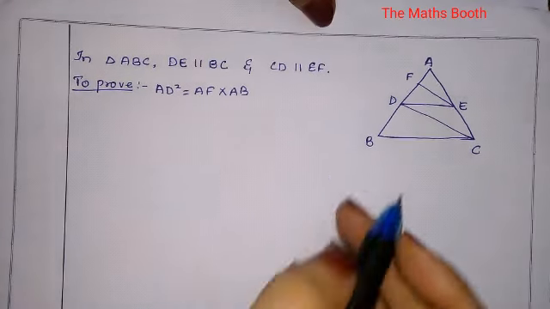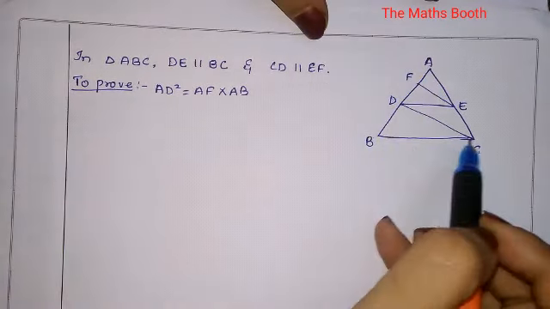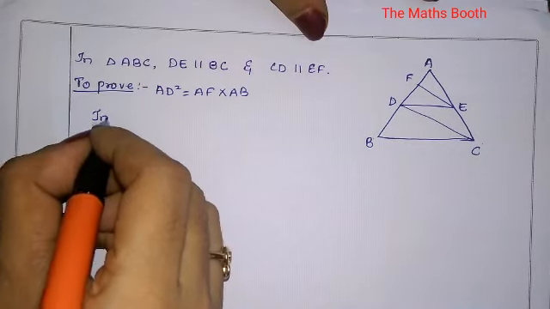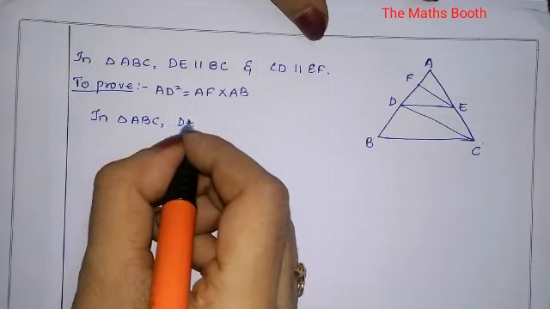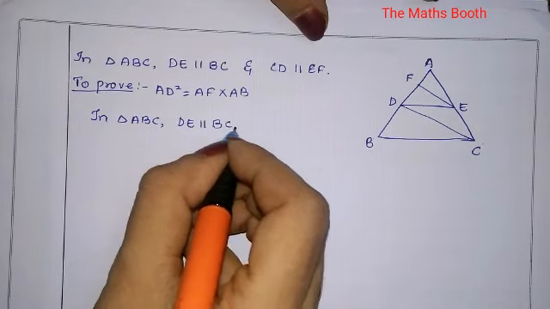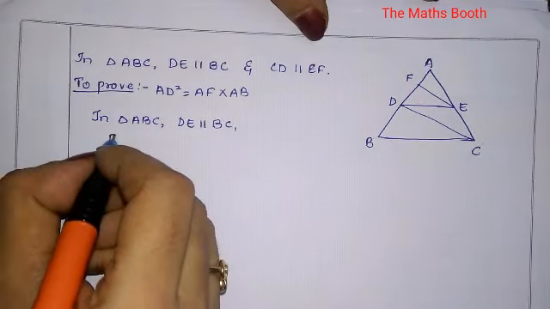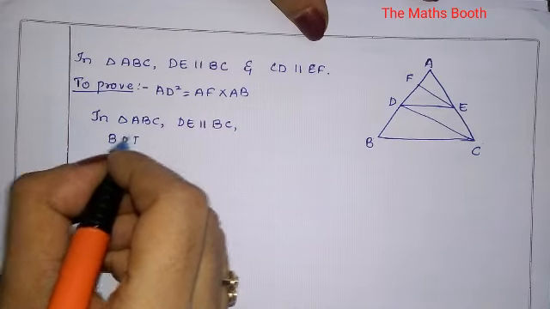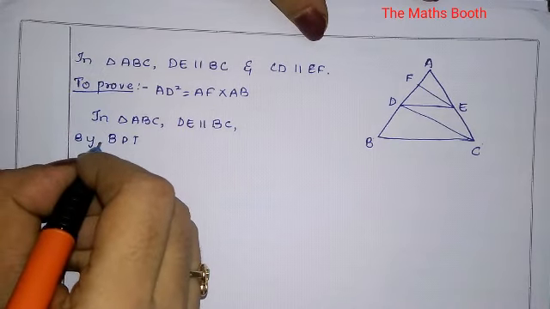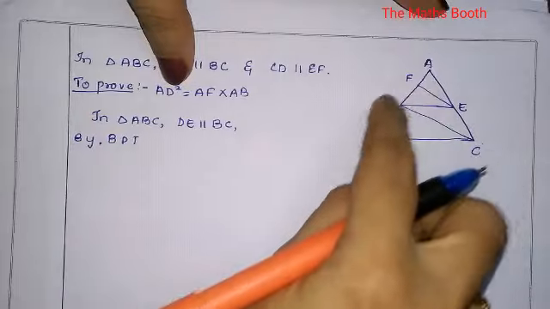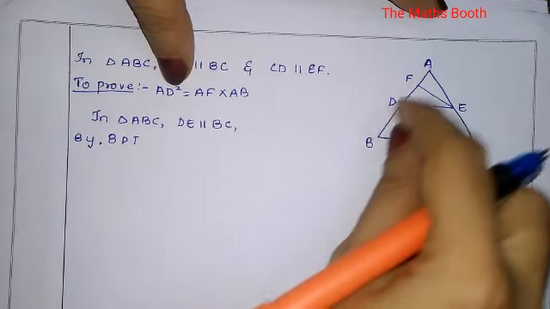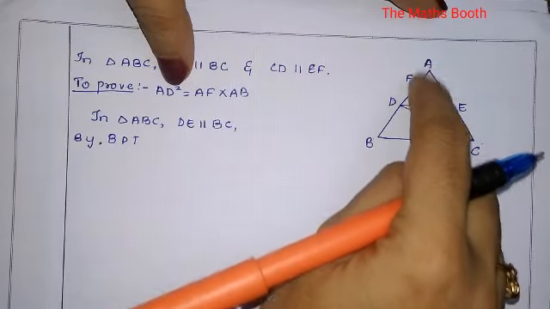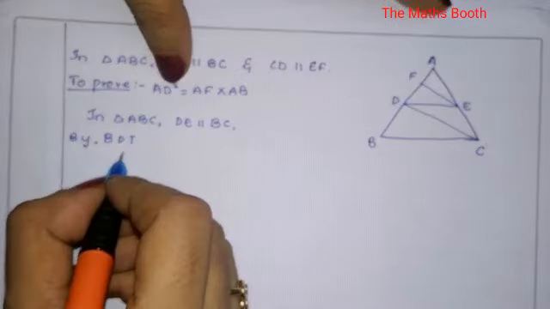Now let us focus on triangle ABC. In triangle ABC, DE parallel to BC. Okay, by BPT. Now AD square and AF is there and AB is there, so upper half by full we have to take, AD by AB.